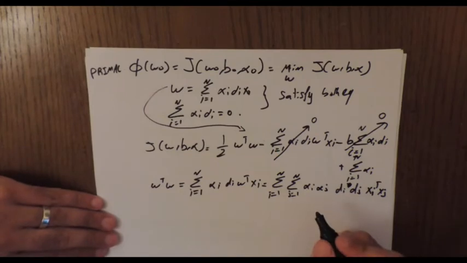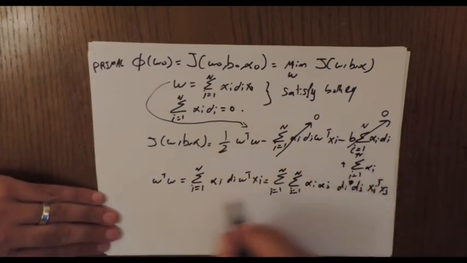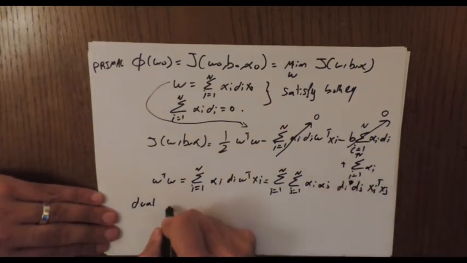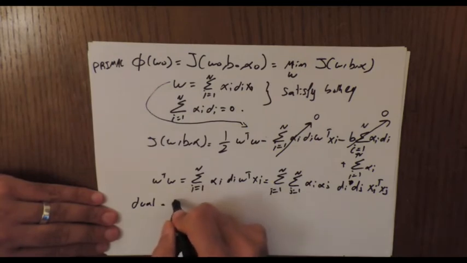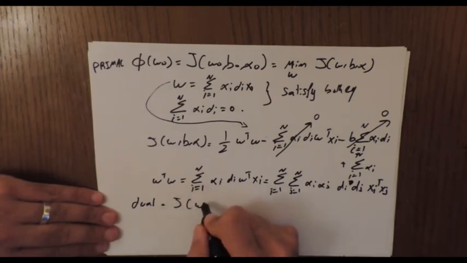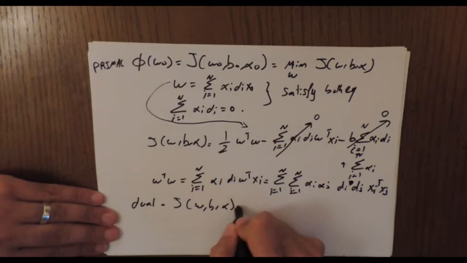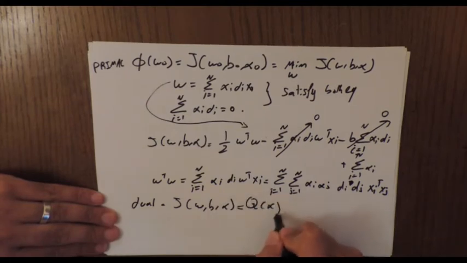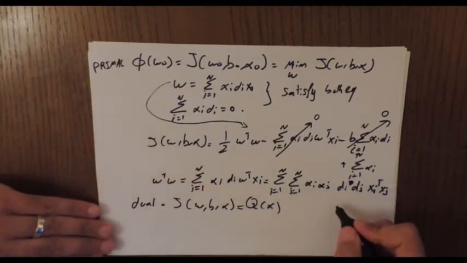So this is the new function. Let's call this function the dual, J(w, b, alpha) equals Q(alpha). As you see, we're going to substitute for alpha.